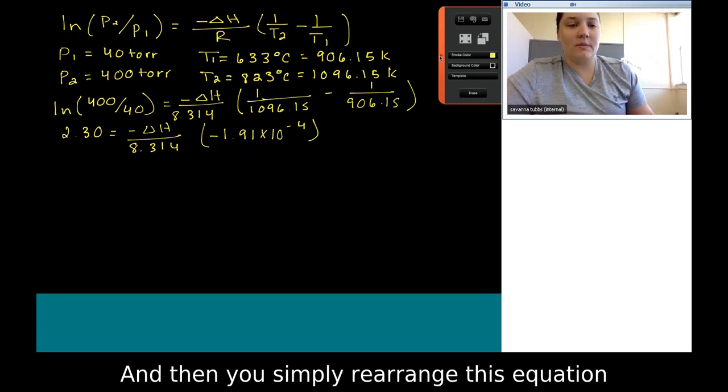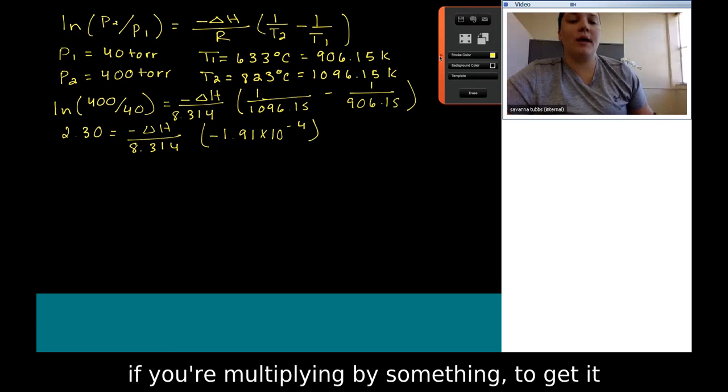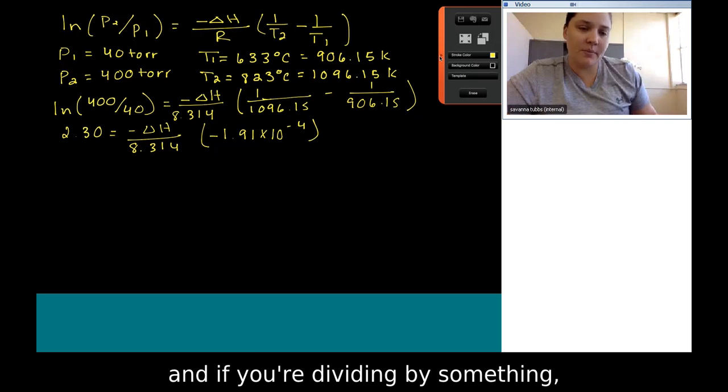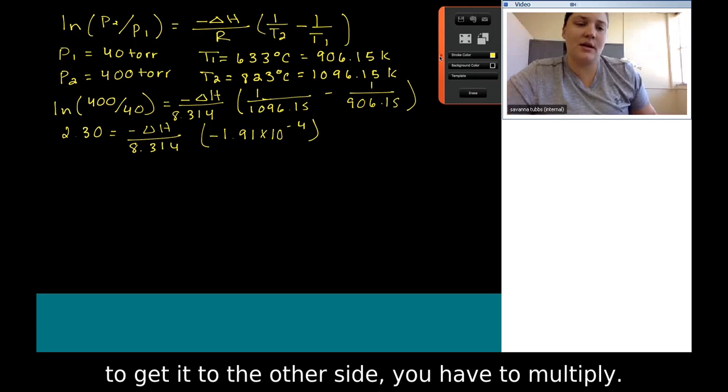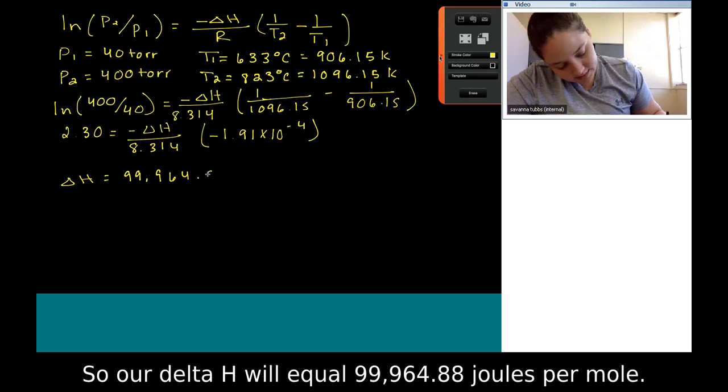And then you simply rearrange this equation to solve for delta H. So remember, if you're multiplying by something, to get it to the other side, you have to divide. And if you're dividing by something, to get it to the other side, you have to multiply. So our delta H will equal 99,964.88 joules per mole.